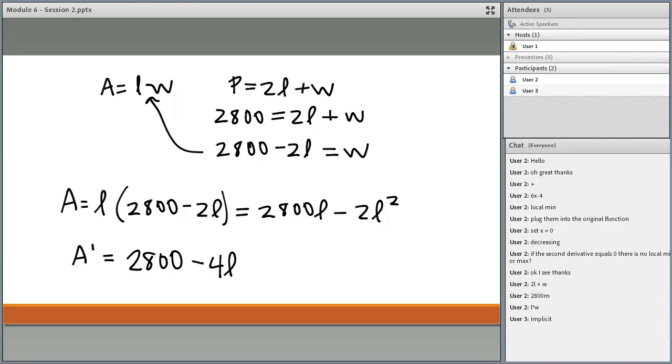So I took the derivative with respect to L. And then I can set that equal to 0. So I have 2,800 equals 4L. So I get that L equals 700.